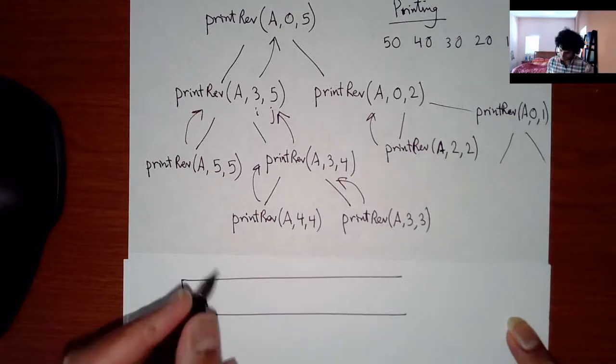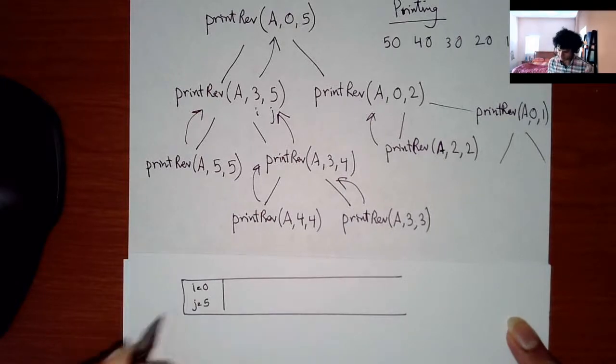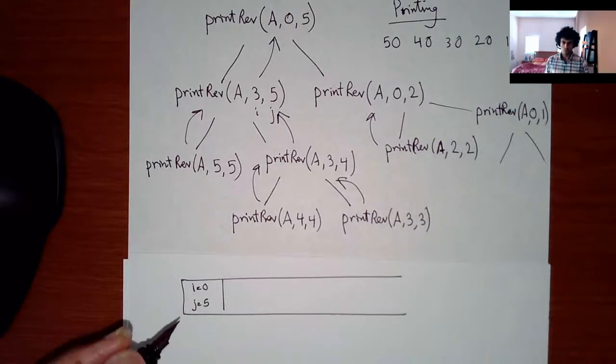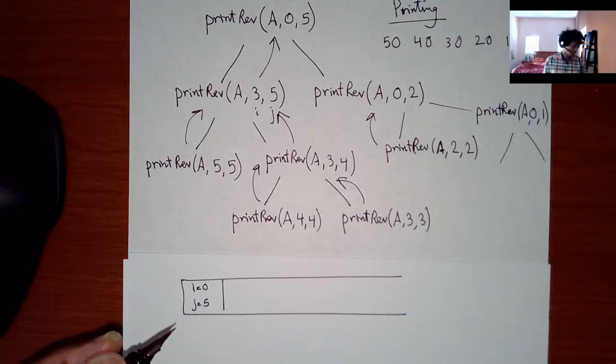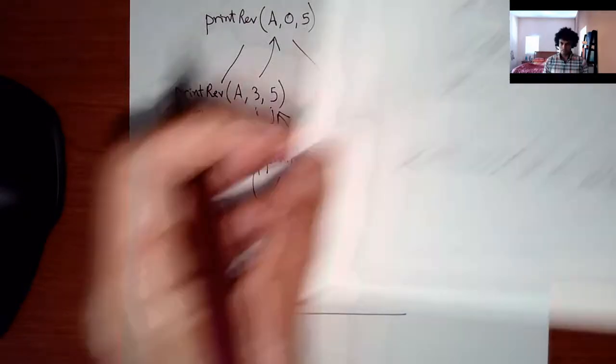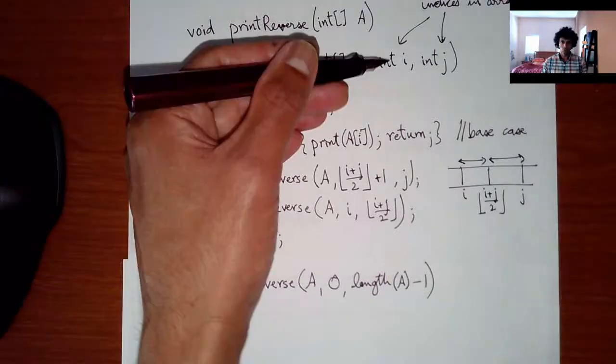Okay. So i is equal to 0 and j is equal to 5. This is what happens initially. So i is equal to 0, j is equal to 5.